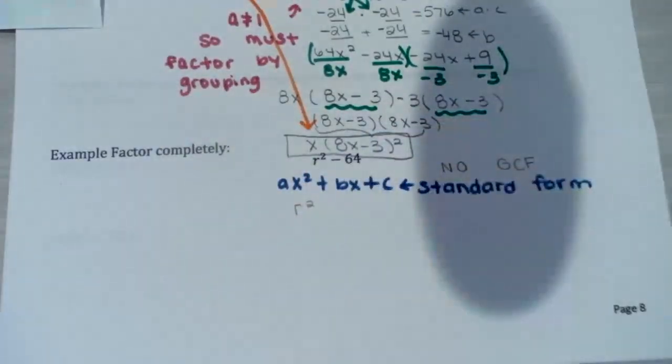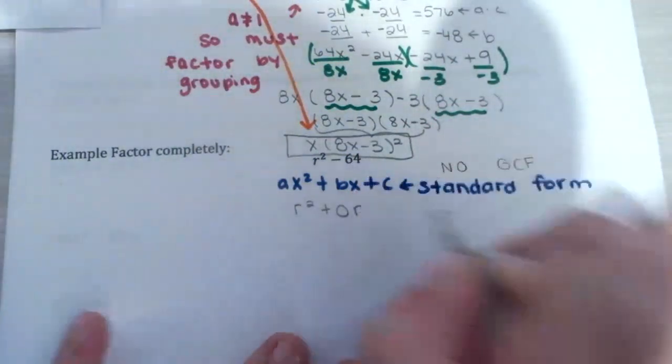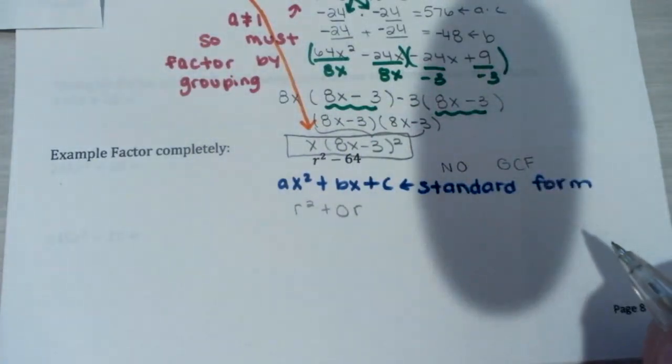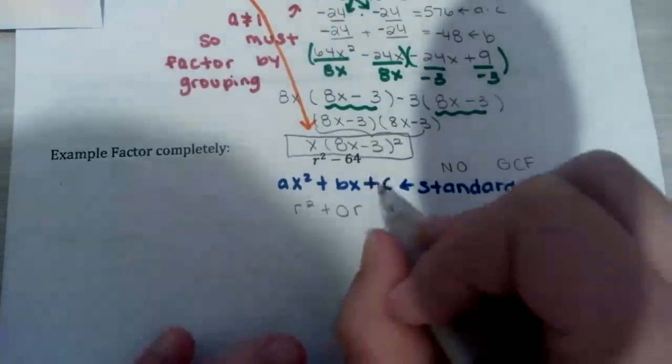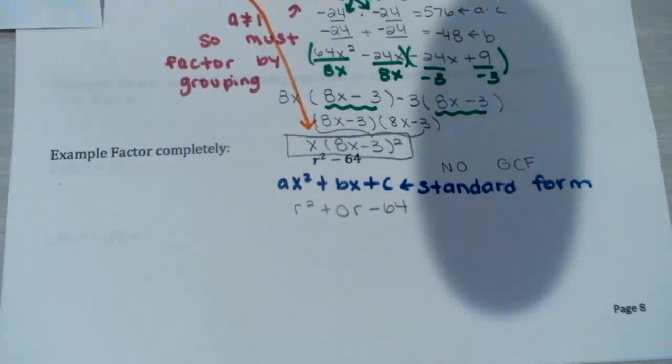There's no term with just r. There's no middle term here. So it would be the same thing as saying plus 0r, because there's no r's. Kind of like a placeholder that we did for dividing by synthetic division, module 2, homework 9. And then c is negative 64. So now I have this in our real standard form, r squared plus 0r minus 64.